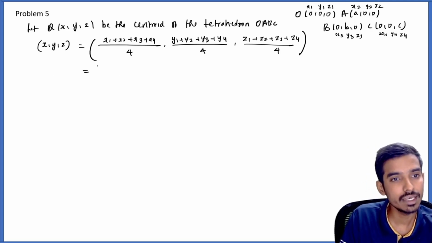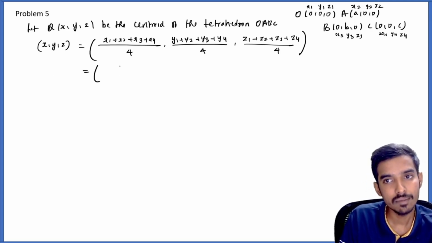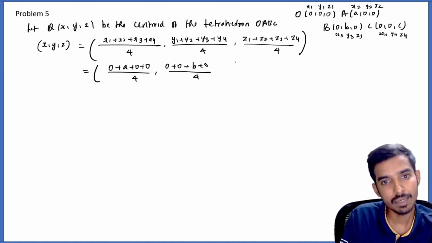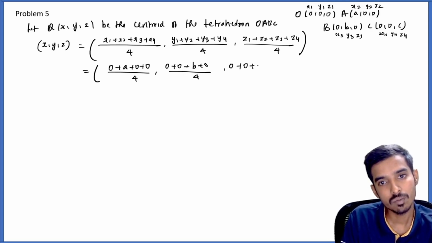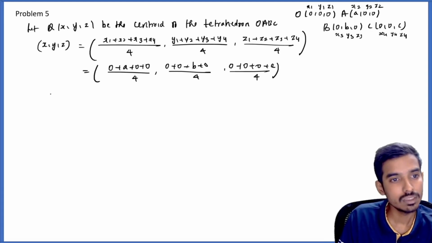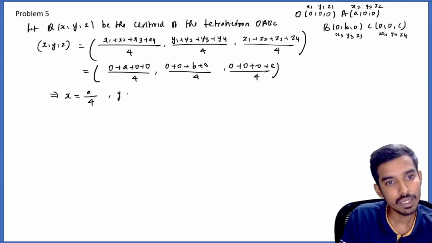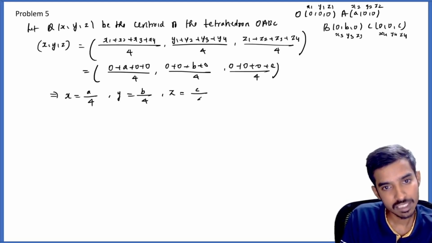So substitute here. We will have this to be 0 plus a plus 0 plus 0 divided by 4, 0 plus 0 plus b plus 0 divided by 4, 0 plus 0 plus 0 plus c divided by 4. So this implies we will get x equal to a by 4, y equal to b by 4, z equal to c by 4.